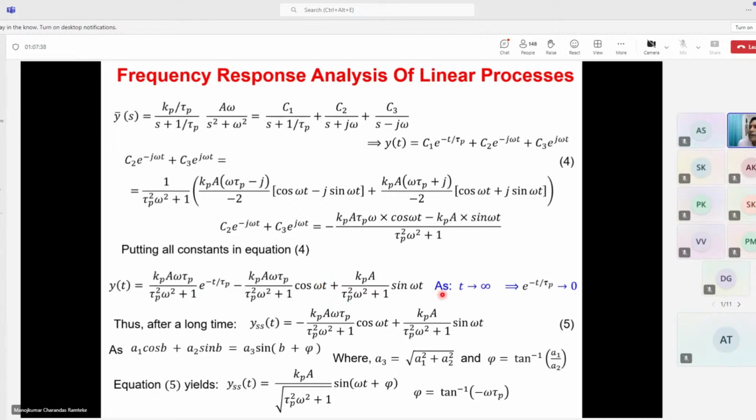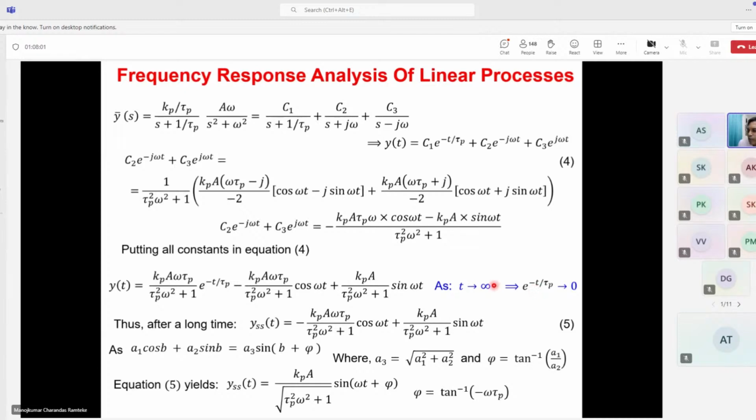Further, if we find out the response at t tends to infinity, that means we are interested in finding the steady state response. In that case, e raised to the power minus t by τp is going to become 0, because τp is a positive number, so this entire term becomes 0 as t tends to infinity.